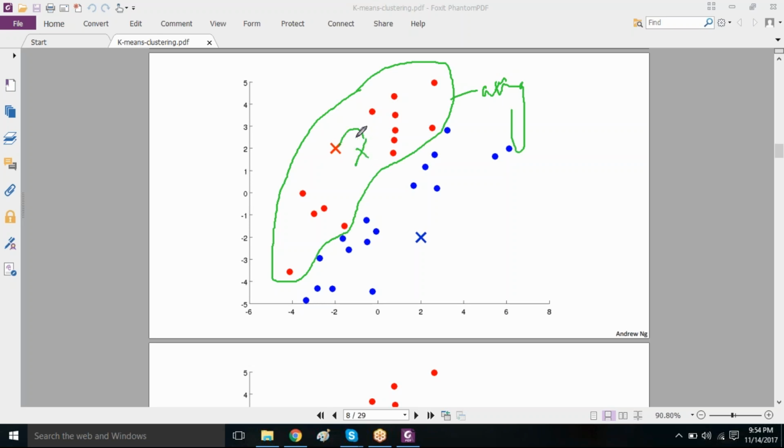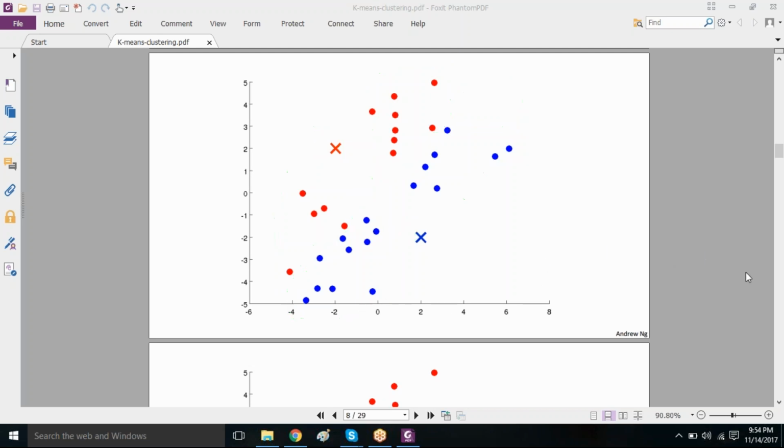So the centroid will be shifted here. And suppose the average of the blue points comes out to be here, so this will be shifted here. These will be the new updated centers.